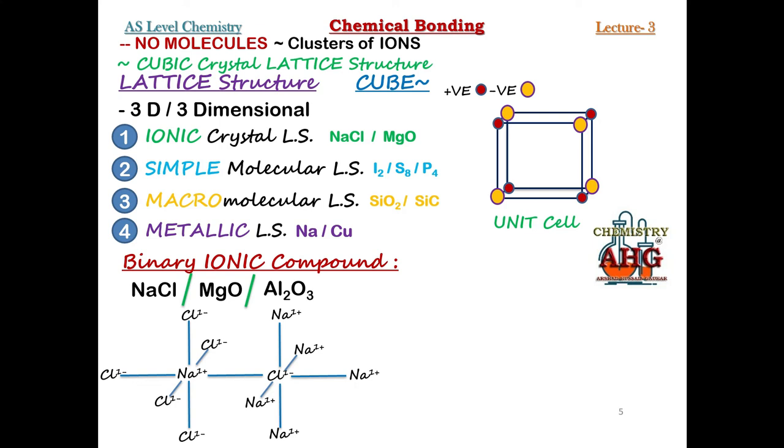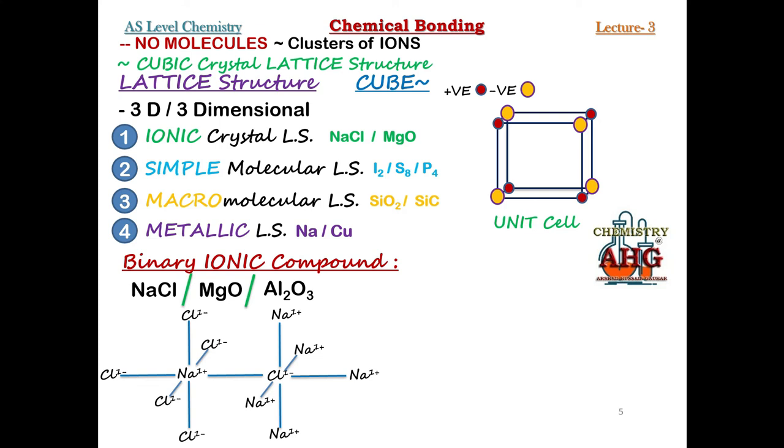Just remember, whenever you are asked a question in AS level, you are supposed to draw 6 negative around a positive and 6 positive around a negative. Okay, you can pause the video and sketch the lattice structure for MgO and Al2O3. Don't be confused that there are 2 aluminum and 3 oxygen. It makes no difference.